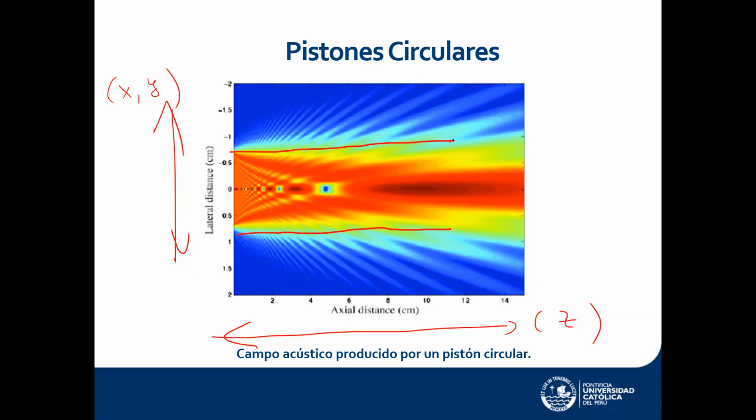And then after some point, it starts to diverge like this. So it's like a funnel, right? It's like this, and then eventually it will go like this, right? That's roughly how it goes.